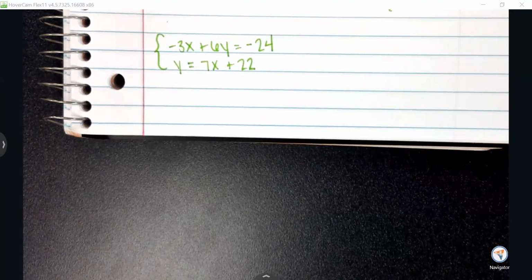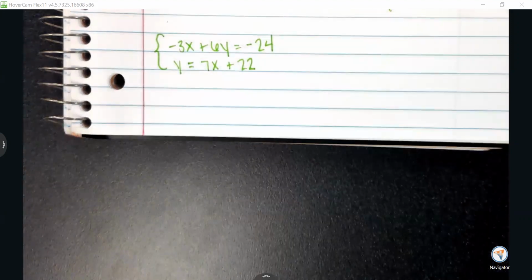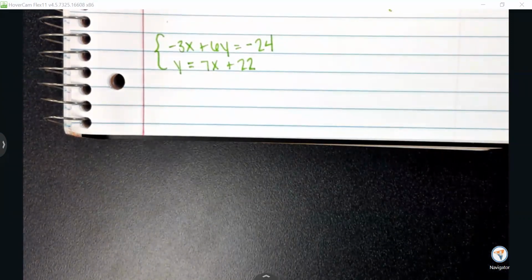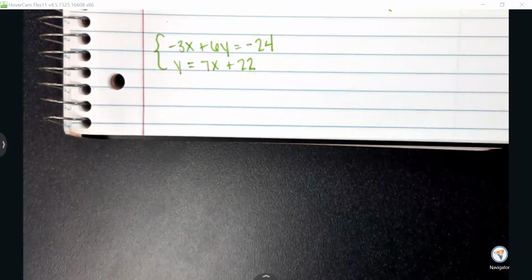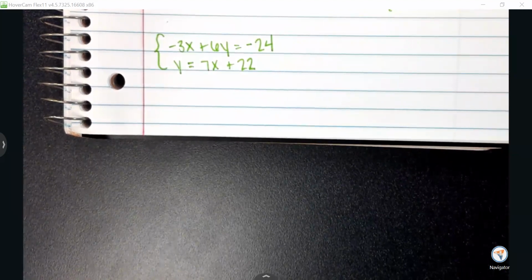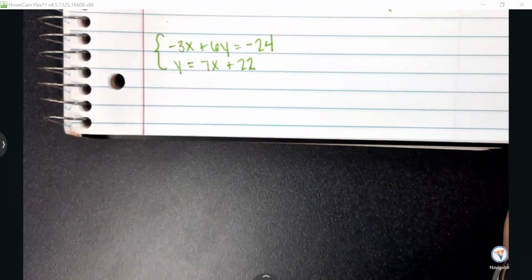Can you combine these two? We got minus 1Y, and we got minus another Y. How many Y's do we have? Minus one.